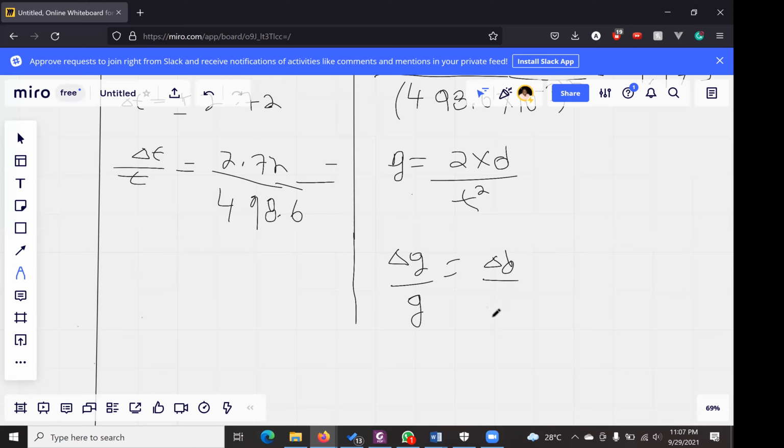Next, plus 2 delta t over t, sorry, plus 2 times delta t over t.